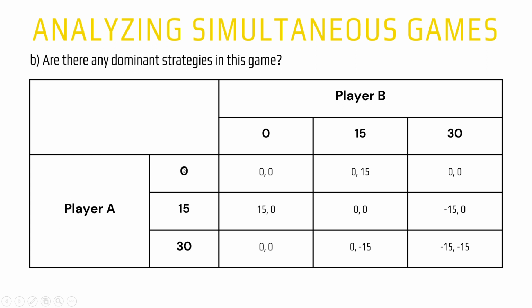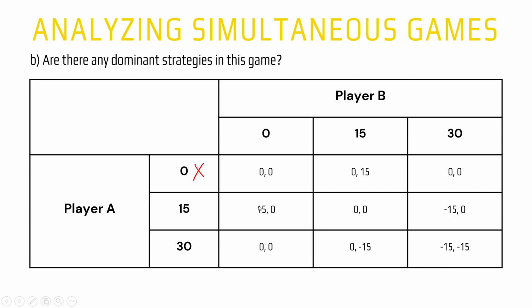So let's see if player A's $0 is a dominant strategy. If we compare it to the other strategies, the first one is already being dominated by the $15 strategy. So that means that the $0 strategy is not a dominant strategy. Next, let's consider the $15 strategy.